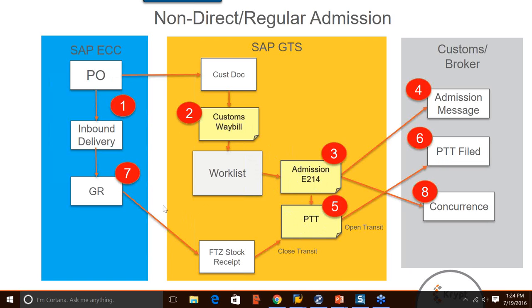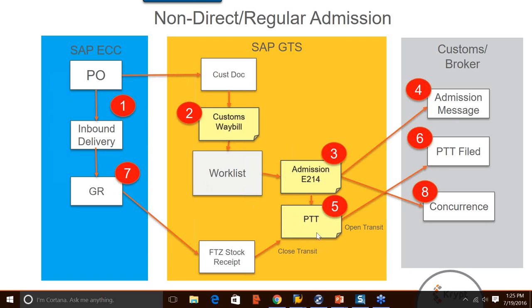And then at that point, for the non-direct, you're allowed to receive goods into the FTZ. So that goods receipt is posted in your source system. That stock receipt is received by GTS, and because you've already made these document links before, it understands that this goods receipt relates to this permit to transfer.